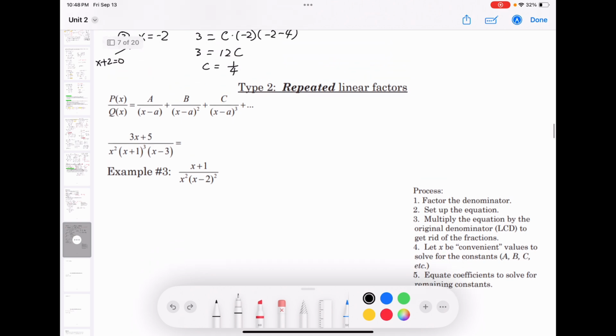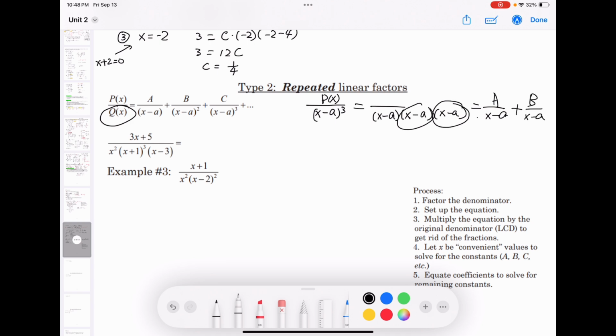For example, if I say the denominator Q is equal to x minus a cubed, we know the denominator can be written as x minus a times x minus a times x minus a, and they are repeated factors. I cannot say we have A over x minus a and B over x minus a, because they are the same. So what should I do?